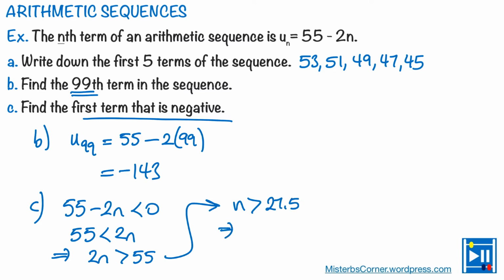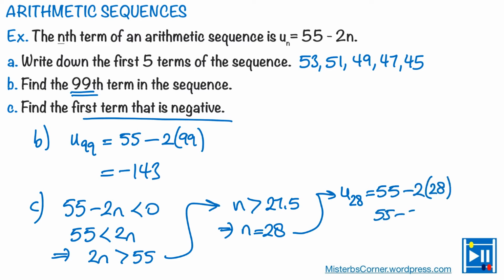This makes n to be 28. So if I substitute 28 for n, u28 will be 55 minus 2 times 28, and that's going to be 55 minus 56, which will be negative 1. So this is the first negative term.